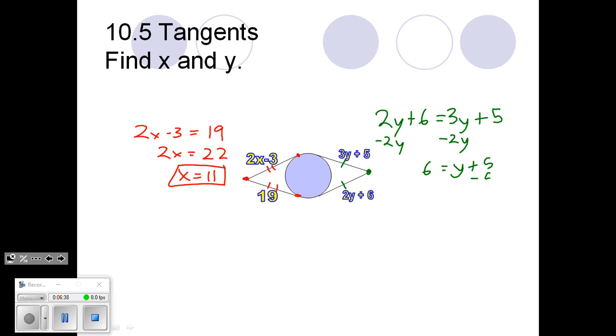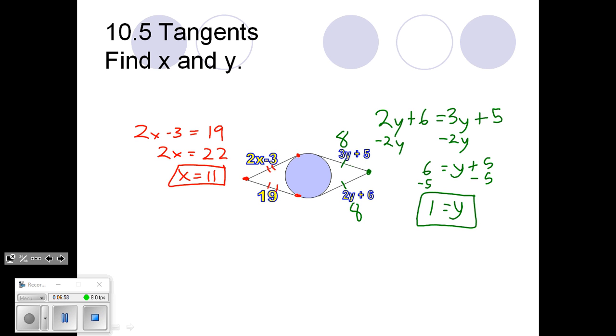Subtract the 5, and we get y equals 1. So in this case, we know that this length here is 8, and when we put 1 in here, we also get 8. So that shows those two lines are congruent to each other there also.